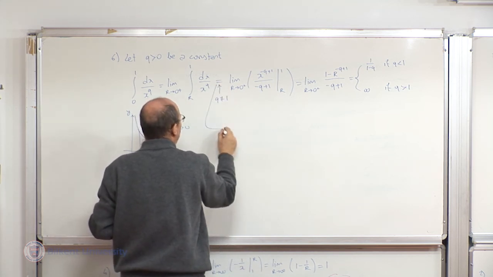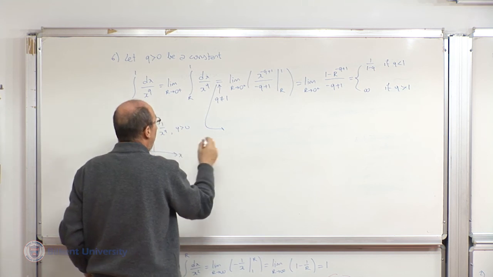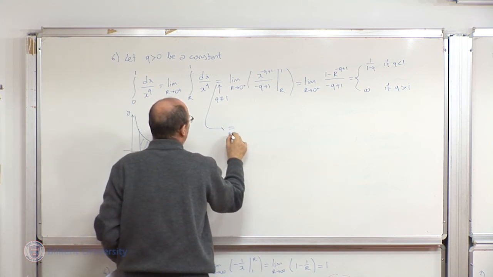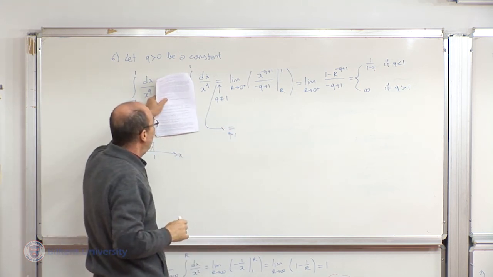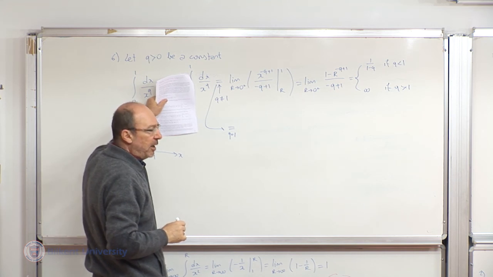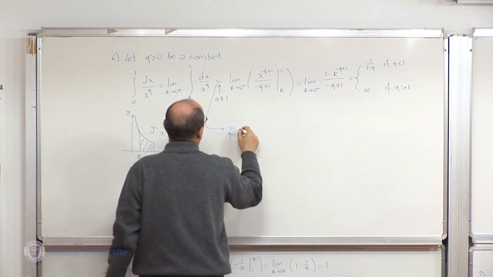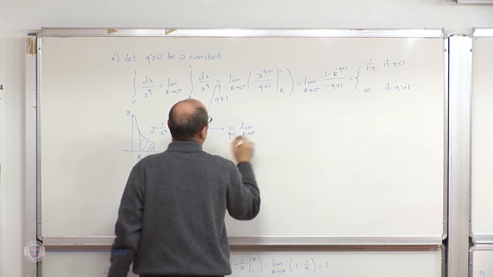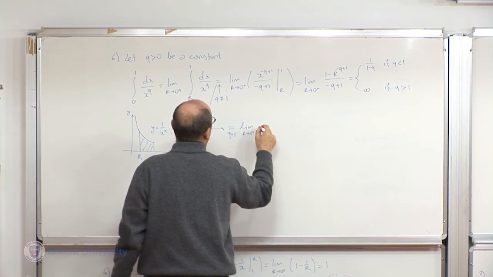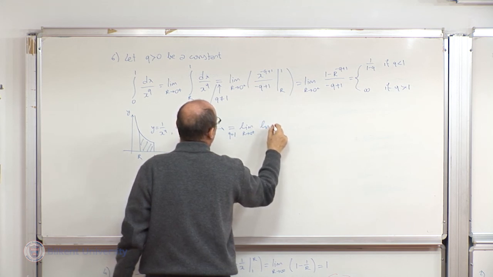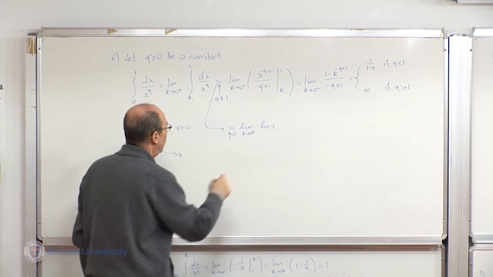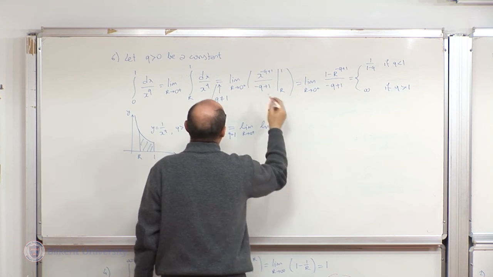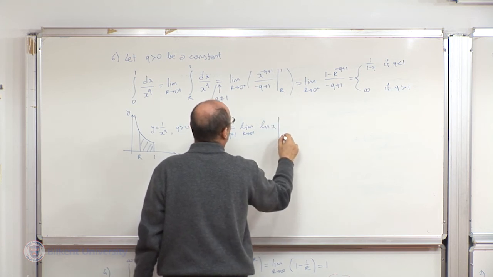Now what happens when q equals 1? You are integrating 1 over x. It is ln x. So this is the limit as r goes to 0 from the right of the absolute value of ln x, from r to 1.